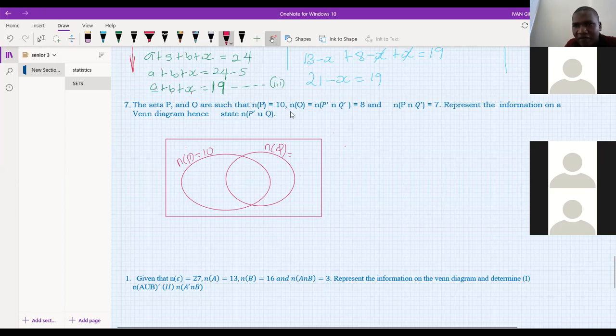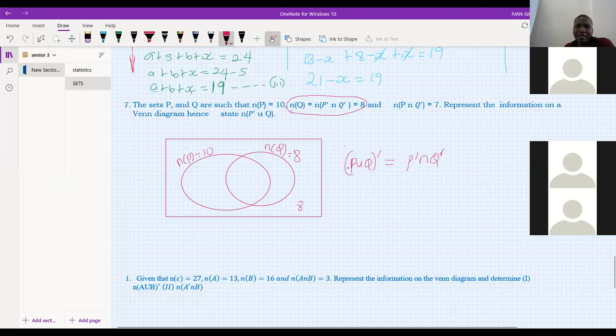The number of elements in P complement intersection Q complement are the same as those outside, so we have 8 outside here. Remember, I told you that the region P union Q complement is the same as the region P complement intersection Q. We had an illustration at that time.